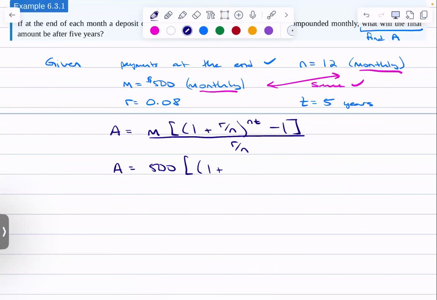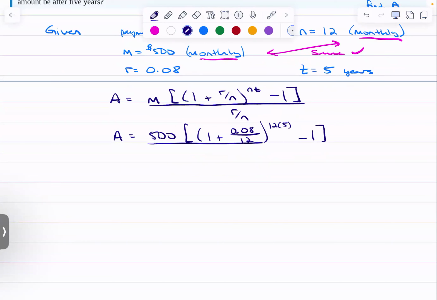Plugging in our values, 1 plus 0.08 divided by 12 to the power of 12 times 5, then minus 1 over 0.08 divided by 12.